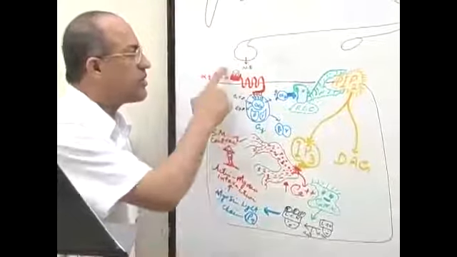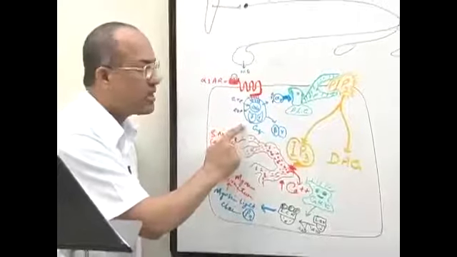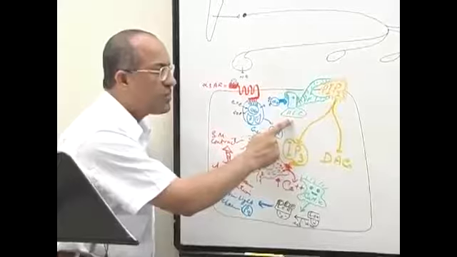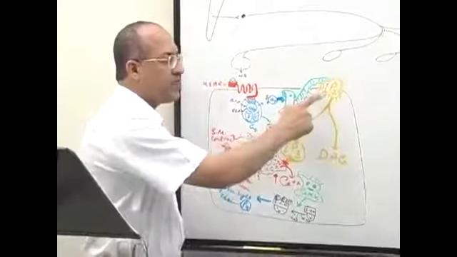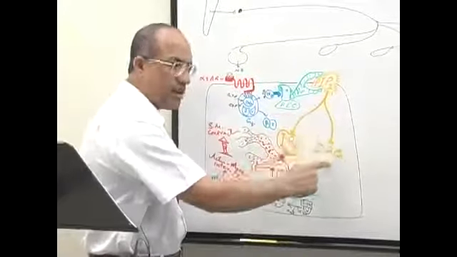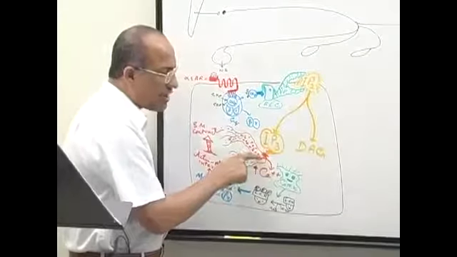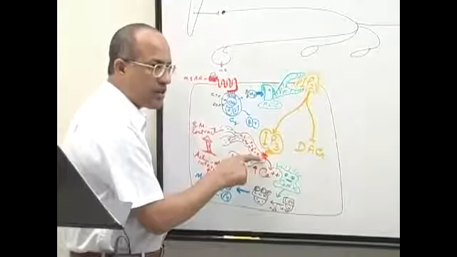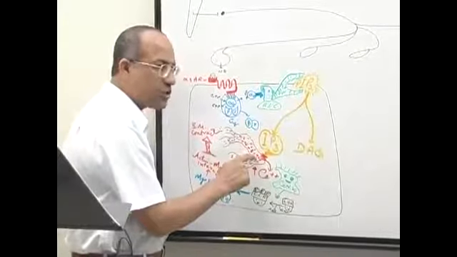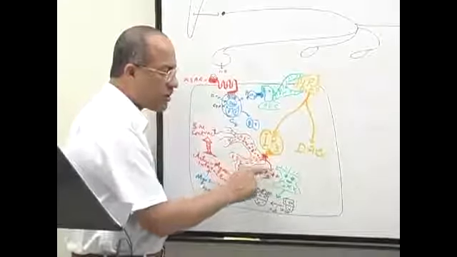Once alpha 1 adrenergic receptors bind with the ligand, they stimulate the Gq protein. The alpha component of Gq stimulates the phospholipase C enzyme, which breaks down the intramembranous phosphatidyl inositol diphosphate into IP3 and diacylglycerol. What is IP3 doing? IP3 acts on certain calcium exchangers on the endoplasmic reticulum and releases the sequestered calcium into the cytosol.